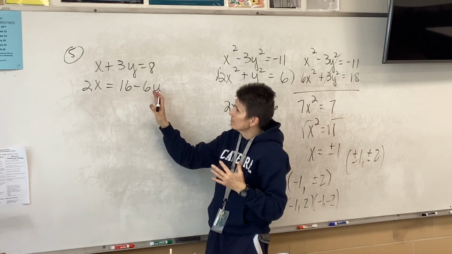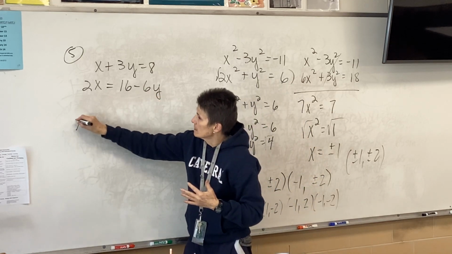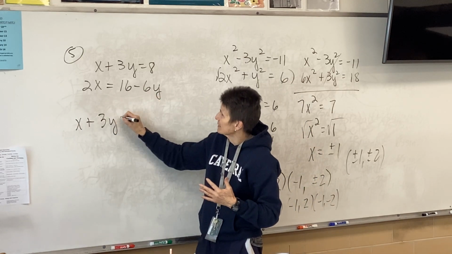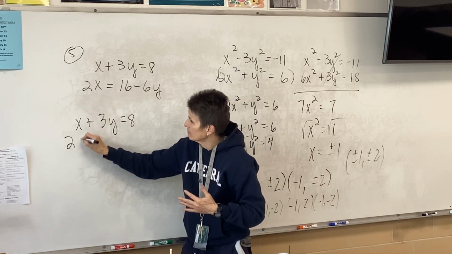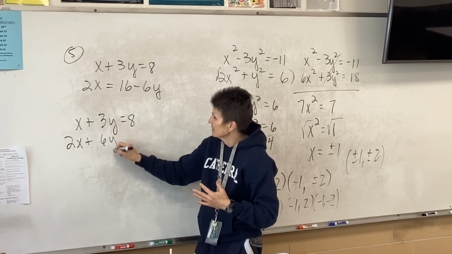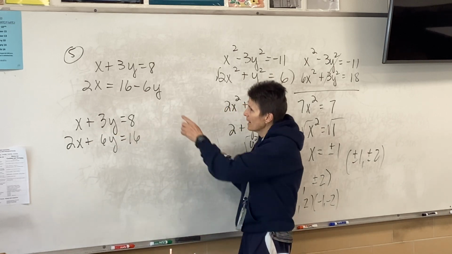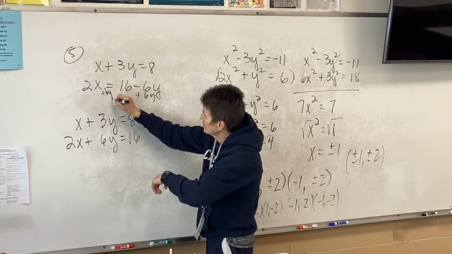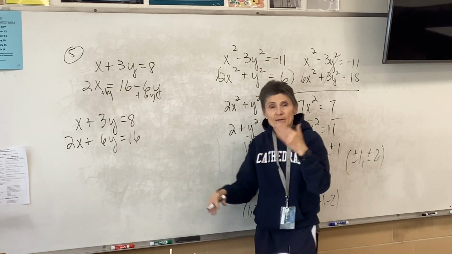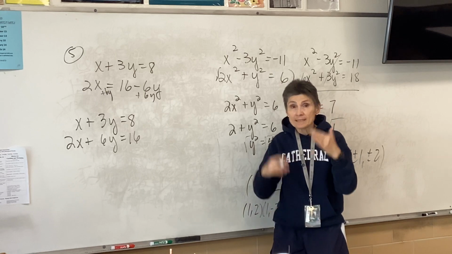So I think I'm going to go ahead and move this 6y over. So my top equation looks like this. And then my bottom equation looks like this. So I'm going to add this 6y over to here so that everything is lined up. If I'm going to eliminate, I need everything to be lined up.